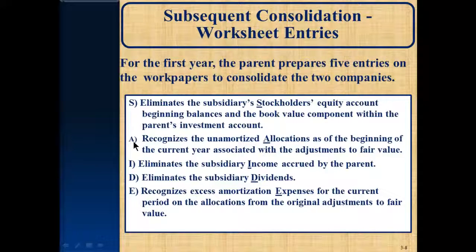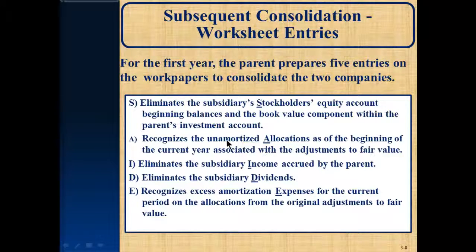Journal entry A, the way we label A as a cross-reference in the book, is the allocation of those fair value adjustments that you're going to do. So you bought a business and you bought all the stock of that business. Well, the underlying assets that that business owned are probably lower than their true market value.